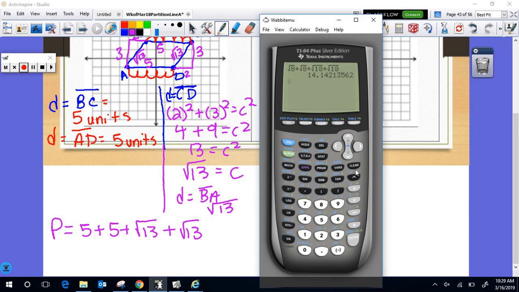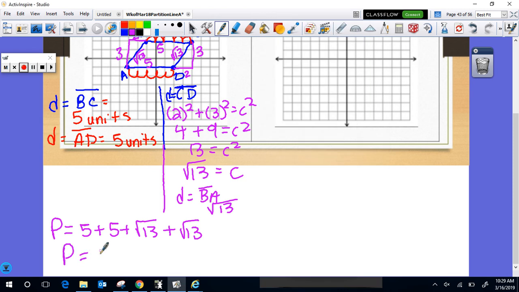I'm not going to be lazy, I'm going to just type it in. 5 plus 5 plus the square root of 13 plus the square root of 13 equals 17.21. So perimeter is 17.21 units.